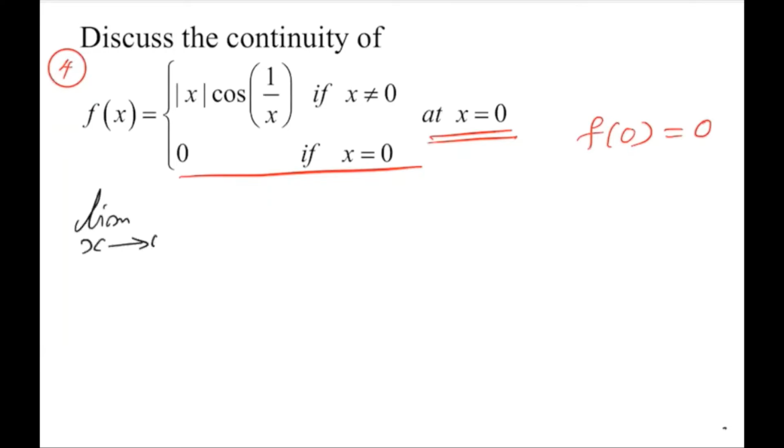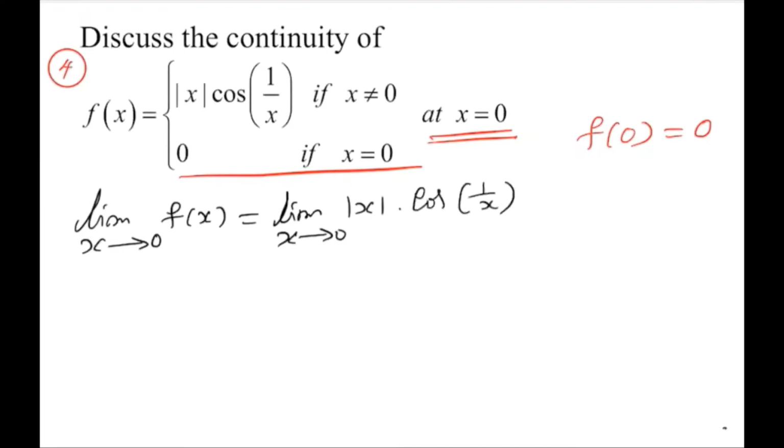Consider limit x tends to 0, f of x. That is limit x tends to 0 mod x into cos of 1 by x.